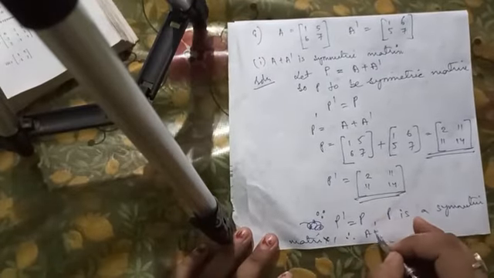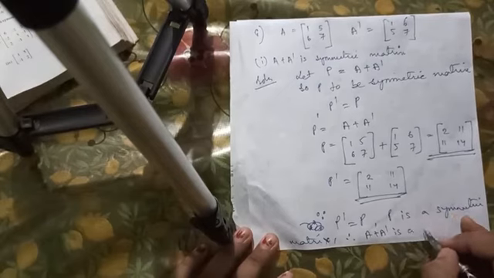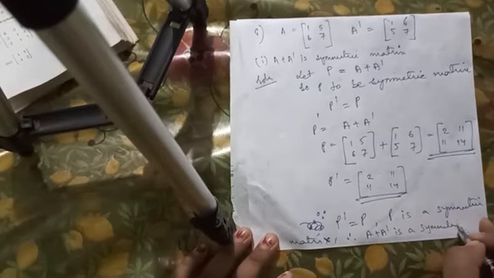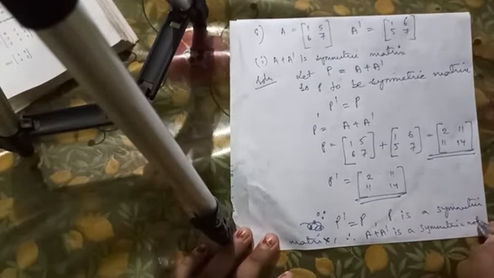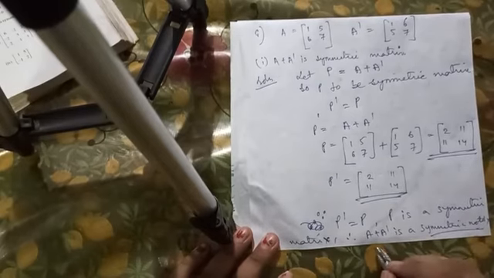Therefore A plus A dash is a symmetric matrix, is not it? Because this was the original question. So A plus A dash is the symmetric matrix.